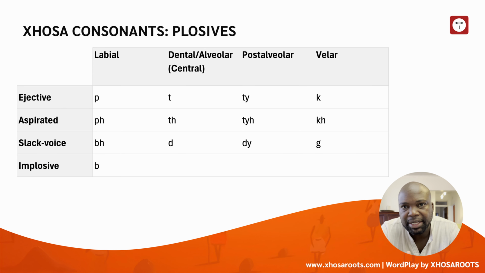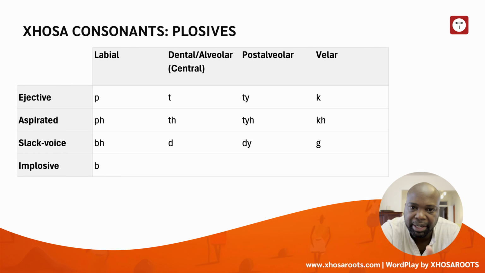It's the same for the dental as well. We have ejective, aspirated, and slack voice. We don't have implosives for any of the other types, and you'll see why, or at least you can understand why. So let's look at these. Let's look at the bilabials first.